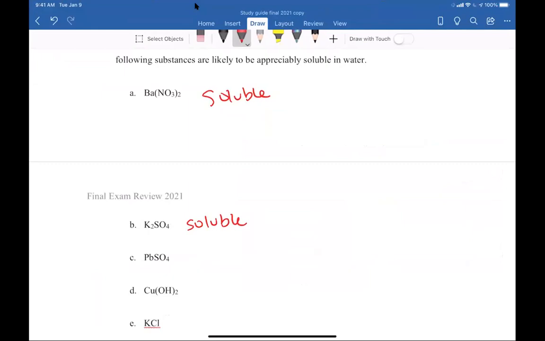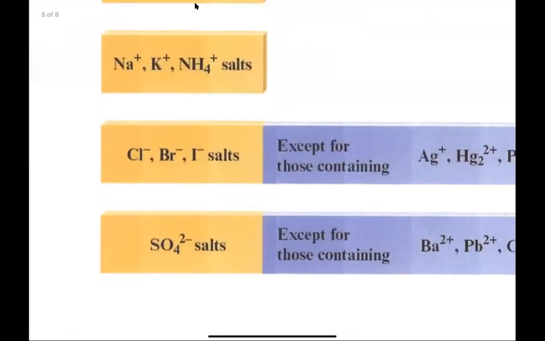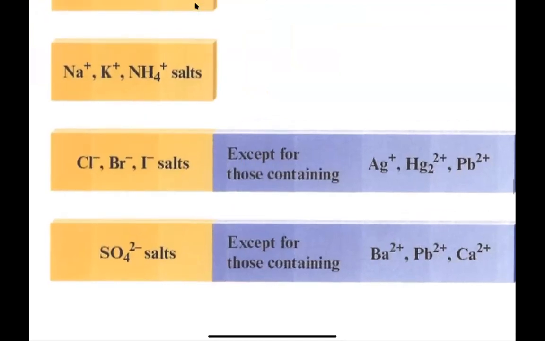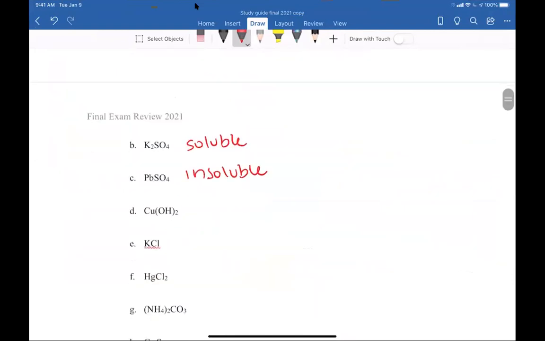And last but not least, PbSO4. SO4 salts are soluble except when they're following. If we have Ba, Pb, or Ca, this time we have Pb. So because we have PbSO4, this becomes insoluble. Okay? And then that's what exactly you would do for the rest of these.